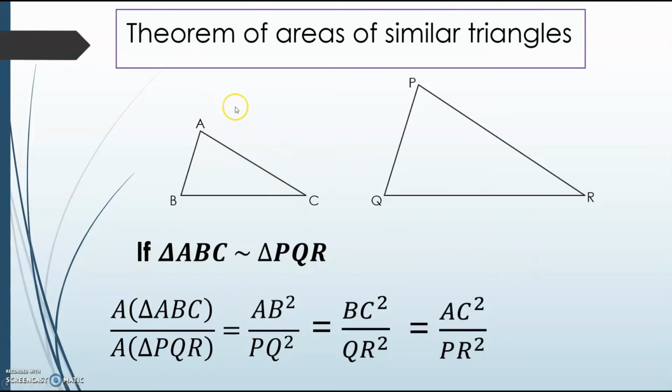So the theorem says the ratio of areas of similar triangles is proportional to the squares of the corresponding sides' ratio.